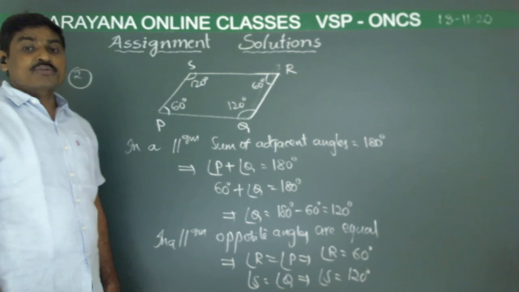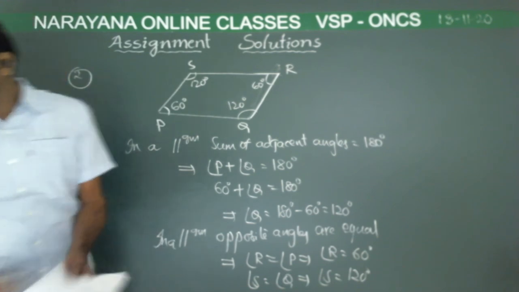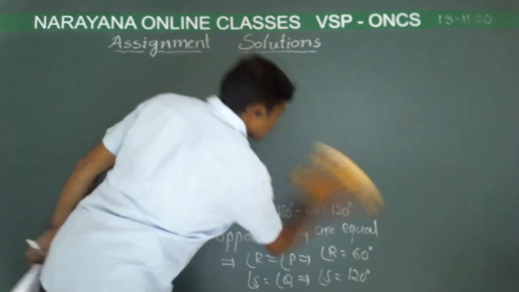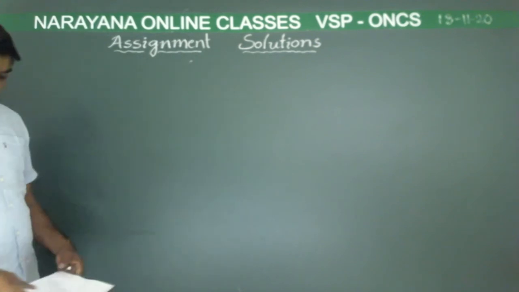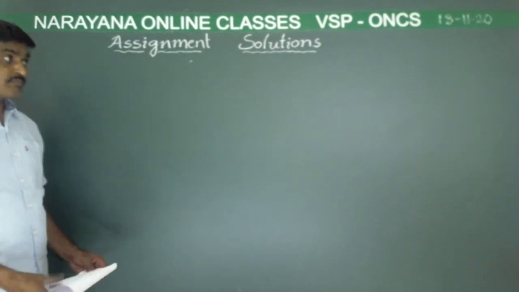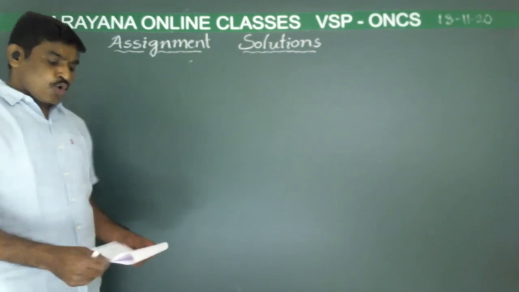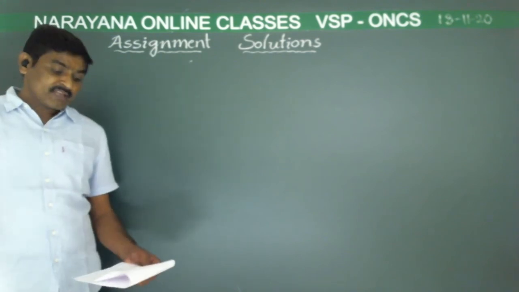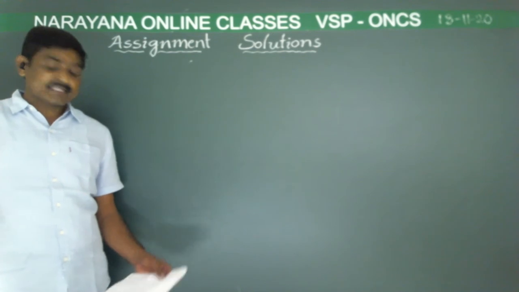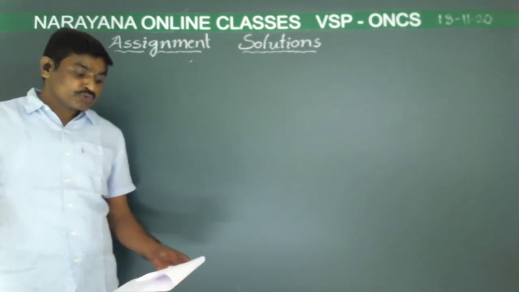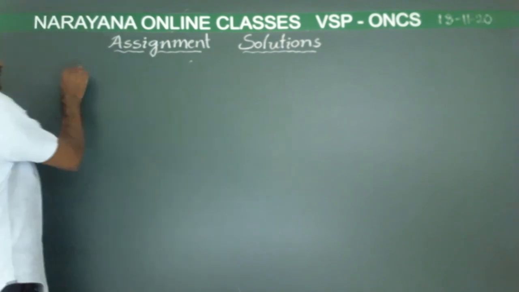Let us move on to the third one. In the below figure, HOPE is a parallelogram. Find the measures of the angles x, y, z. State the property you use to find them. That is the problem.